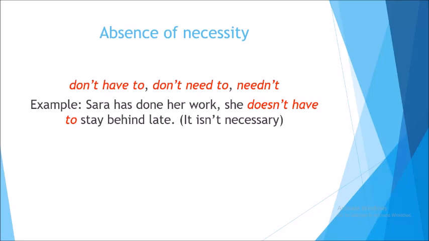She doesn't have to stay behind late. It isn't necessary in this case. Of course, you can substitute doesn't have with needn't in this case. Or if there was a first person used here or any other pronoun, then you could use don't need to, don't have to.